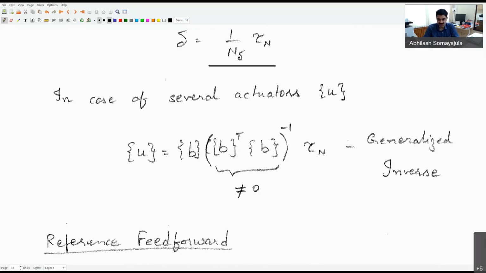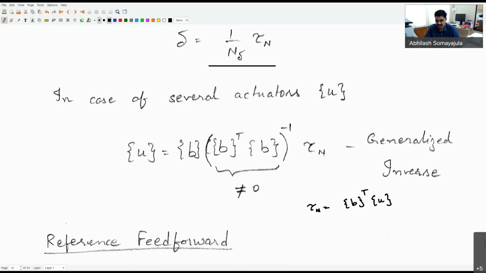This is called the generalized inverse, where I am able to take an inverse because this is a vector valued function. Remember that originally we had tau n being defined as some B transpose times U, right? Where B was some vector and U was some vector.